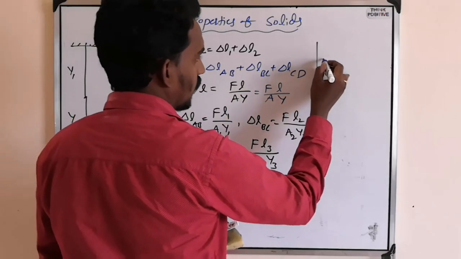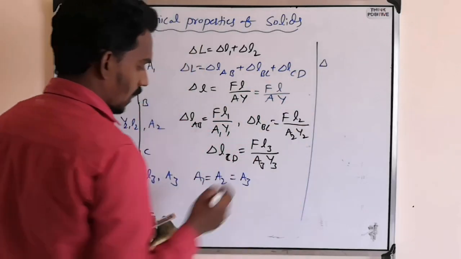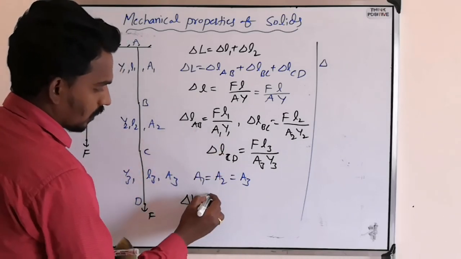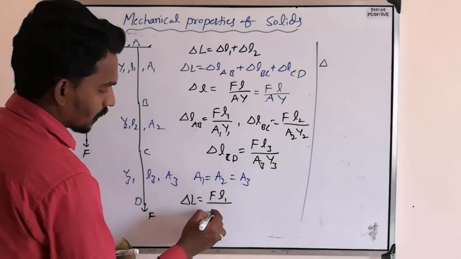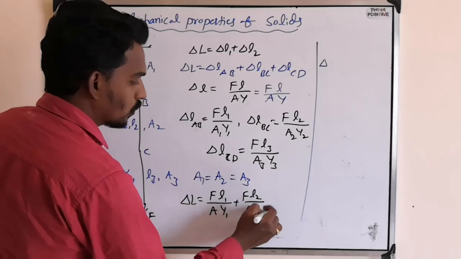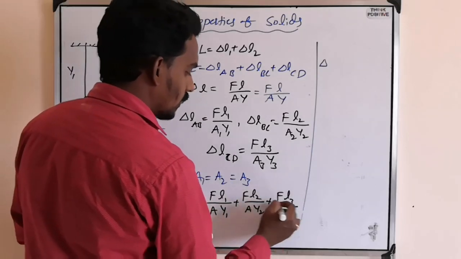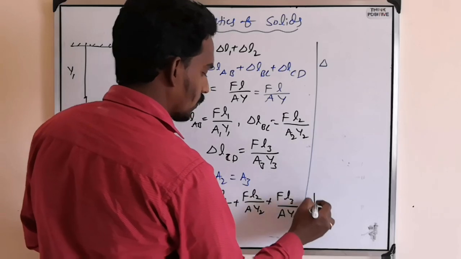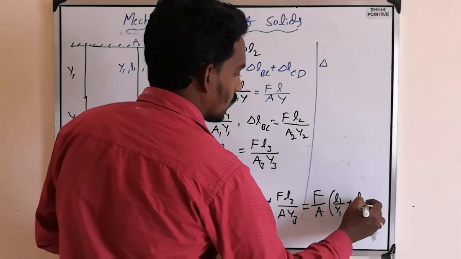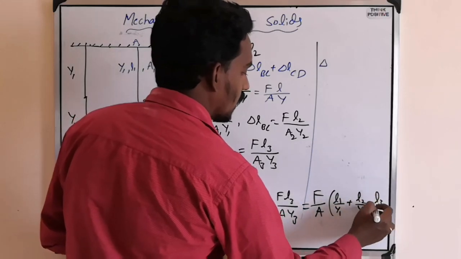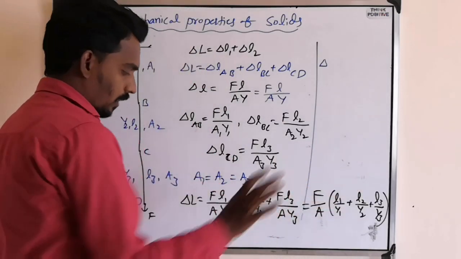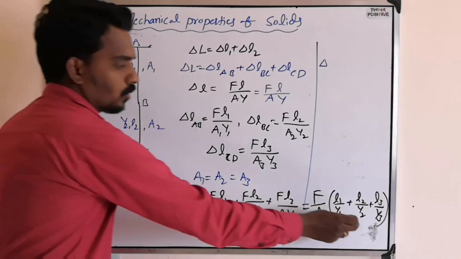Then delta L equal to FL1 by A into Y1 plus FL2 by A into Y2 plus FL3 by A into Y3 equal to F by A into L1 by Y1 plus L2 by Y2 plus L3 by Y3, and so on.